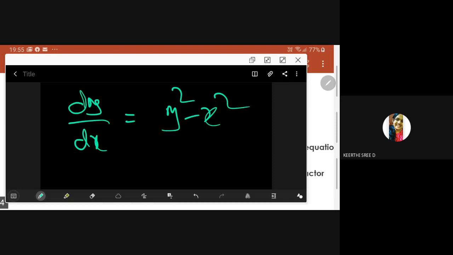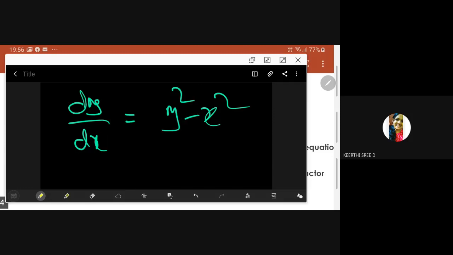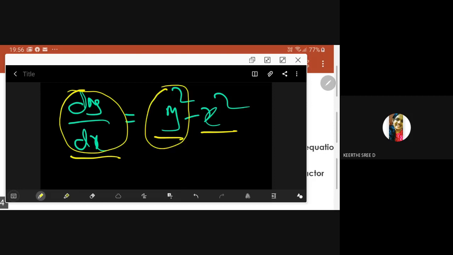This is not a Leibniz equation because you see here, there are three terms. This is our first term, this is second term, this is our third term. In this one, there is a term involving y, and in this one, y is y into y. So this is a nonlinear equation.